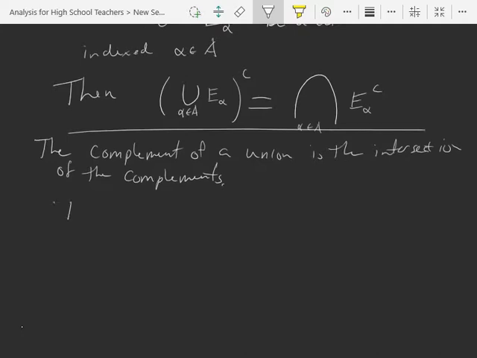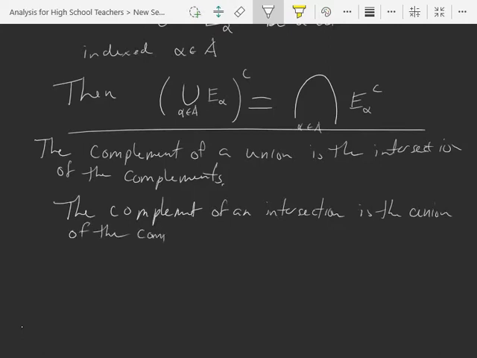So the complement of an intersection is the union of the complements. So we'll write that down as a corollary after we do the proof of this theorem.